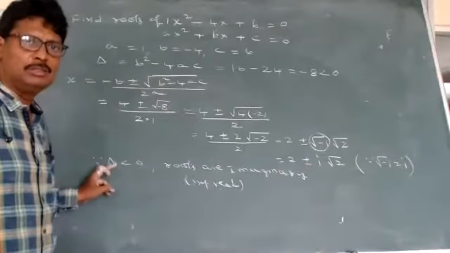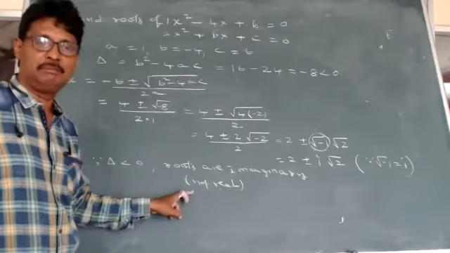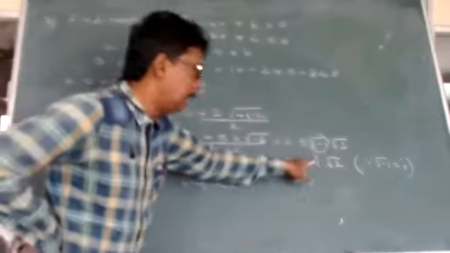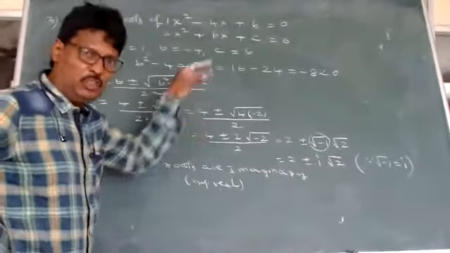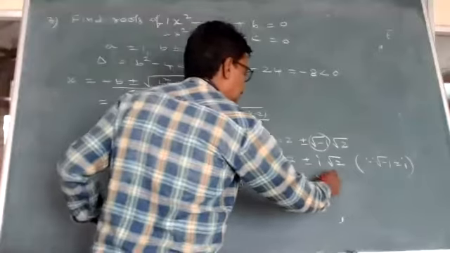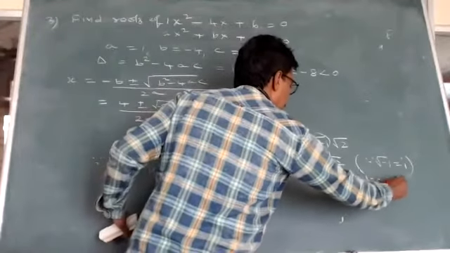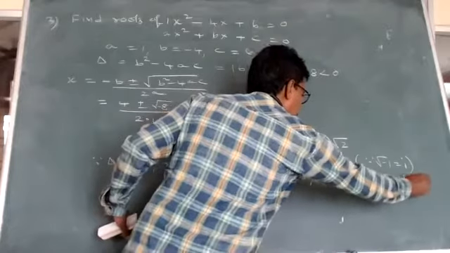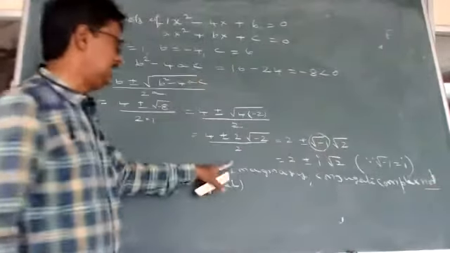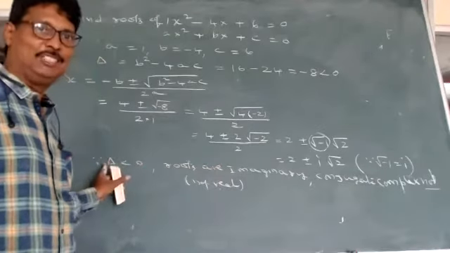Therefore, we can conclude that if delta is less than 0, the roots are not real. That means they are imaginary roots. And finally we conclude they are conjugate complex numbers. So we can decide, if the roots are imaginary, you can take delta less than 0.